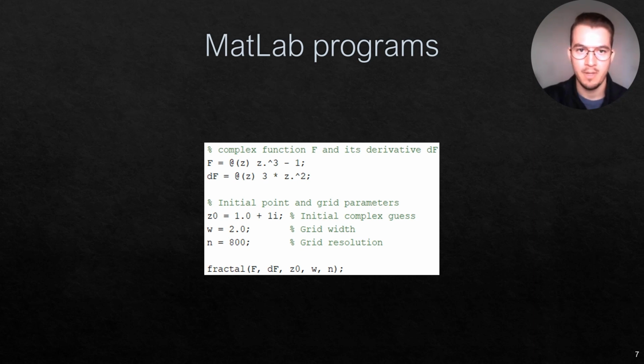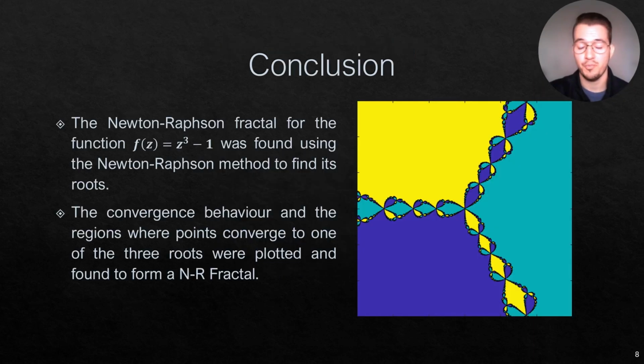So we are arriving at the end of my presentation, and I just wanted to say that polynomial root finding powered by the Newton-Raphson method is a cornerstone of modern problem solving.